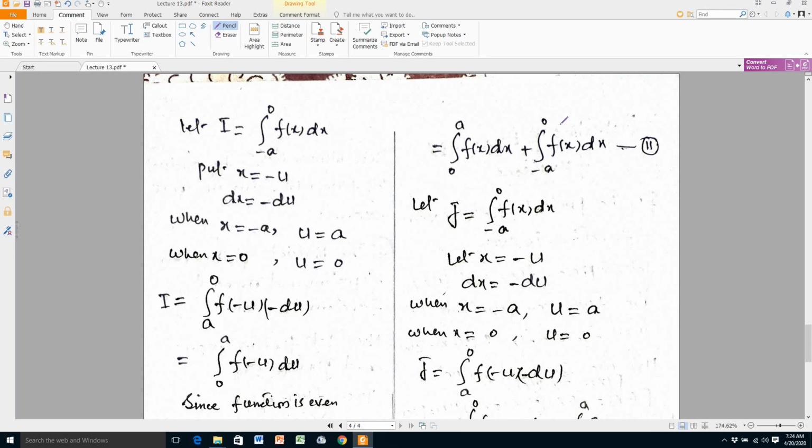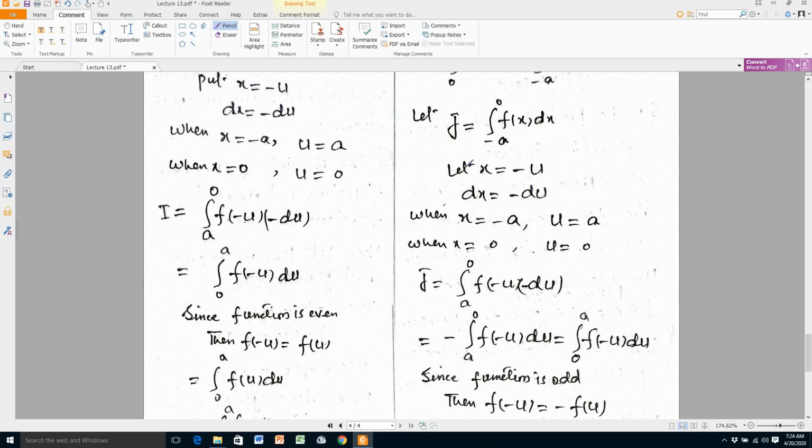Let this second integral be equal to j, from minus a to 0, f of x dx. Again I make a substitution here. Let x be equal to minus u. Then dx is equal to minus du. When x is equal to minus a, this negative sign cancels with the negative, so u is equal to a.